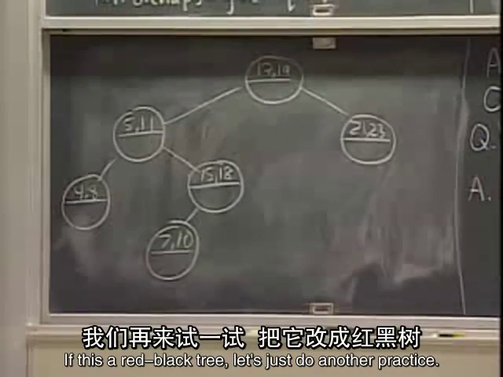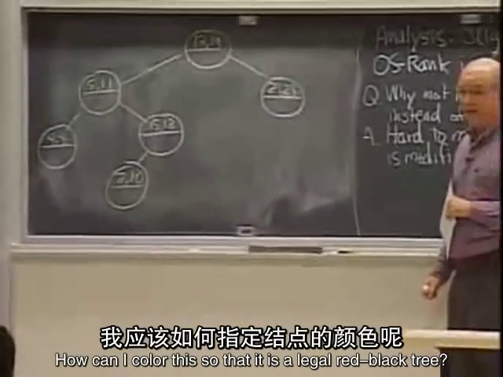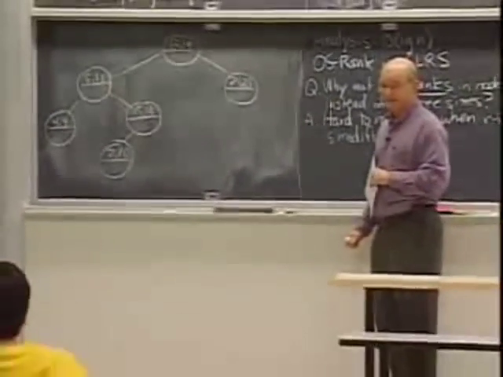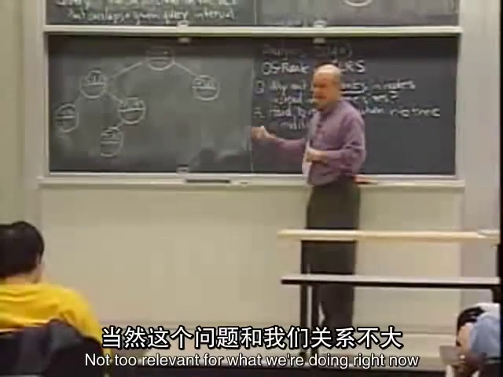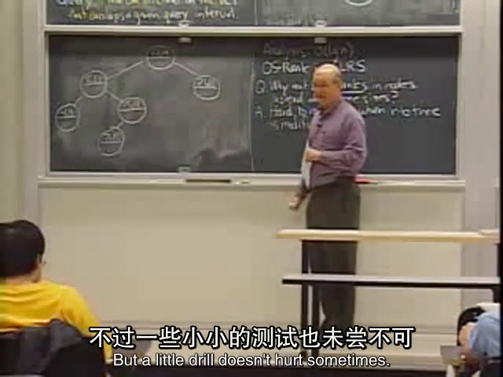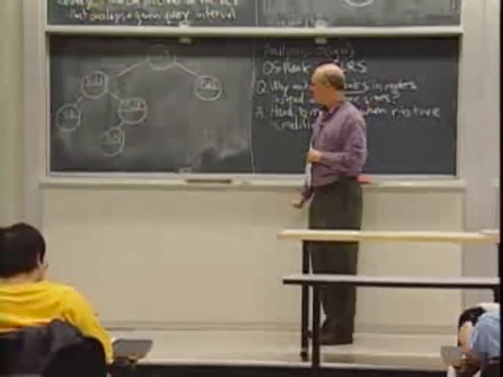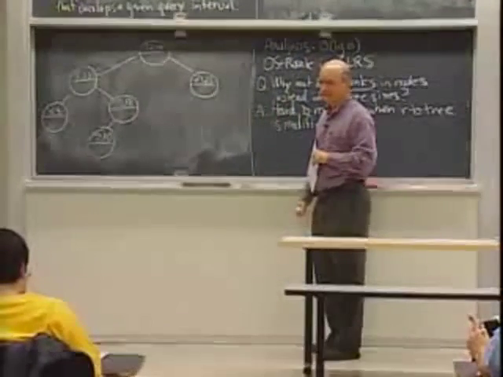If this is a red-black tree, let's just do another practice. How can I color this so that it's a legal red-black tree? Not too relevant for what we're doing right now, but a little drill doesn't hurt sometimes. Remember, the nils aren't there, and they're all black.